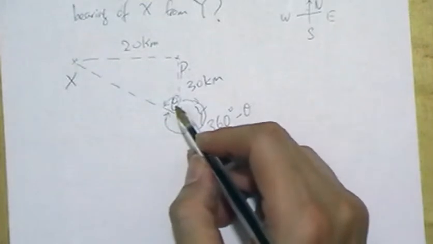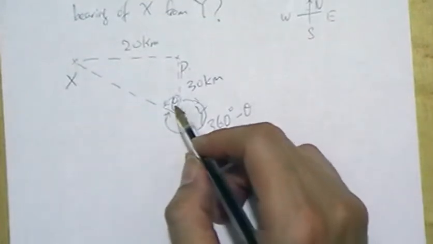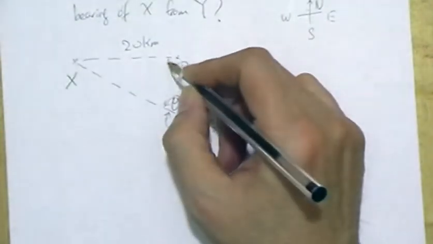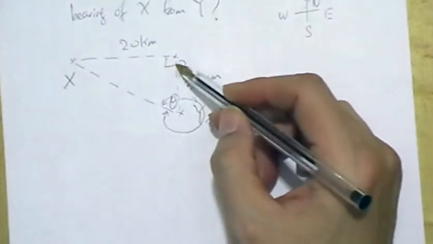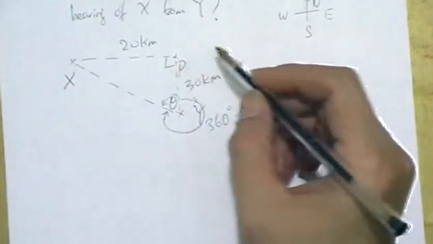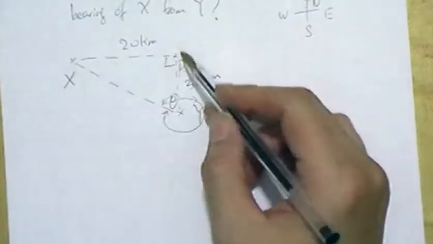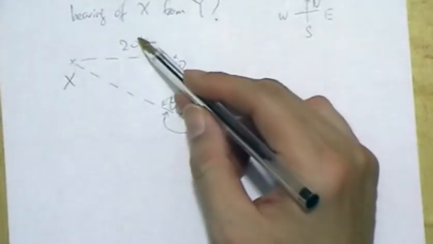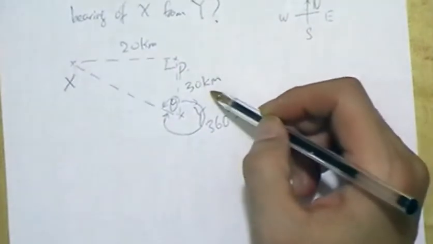So now let's try and find theta. If you look at this triangle, you see that this must be a right angle, because this line is to the south, and that line is to the west. So the angle is 90 degrees, and so we have a right-angled triangle. Then we know these two sides. This side is adjacent to the angle, that side is opposite.